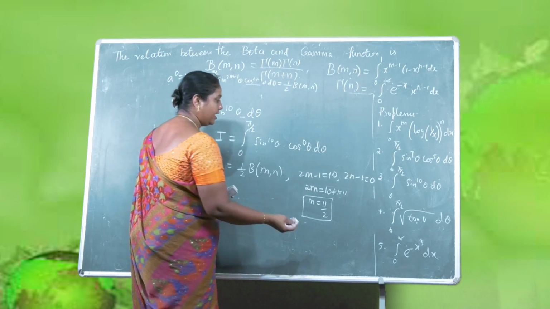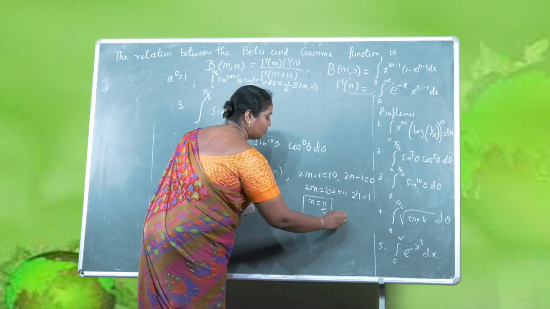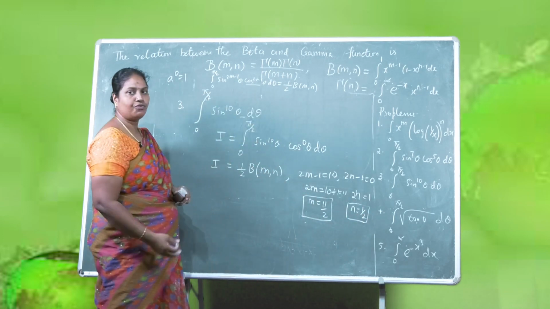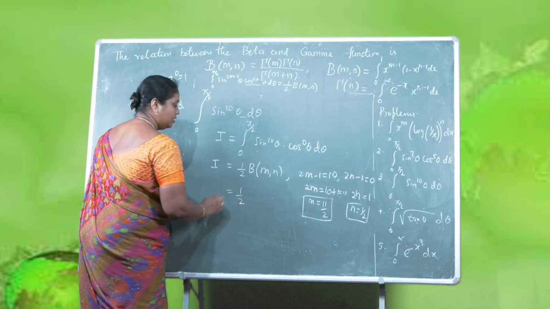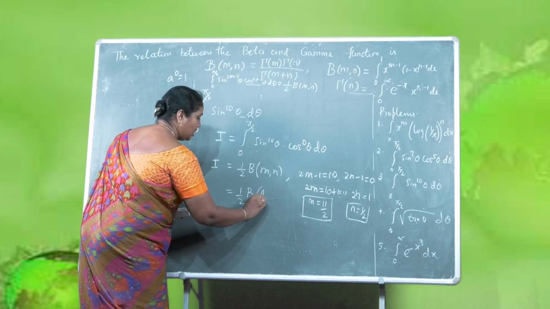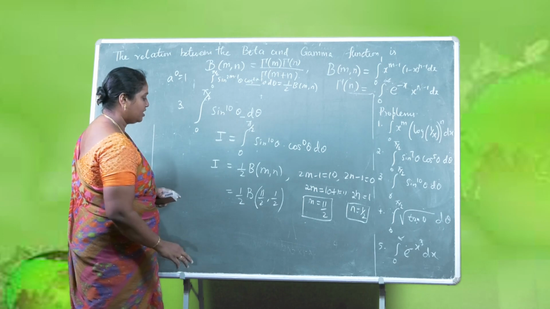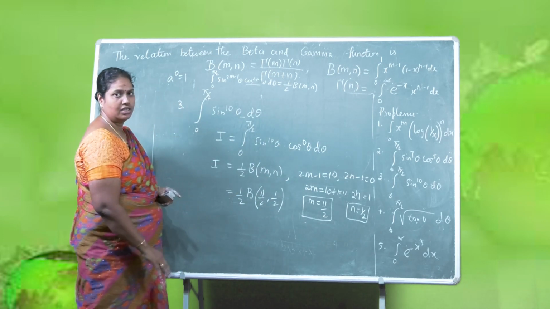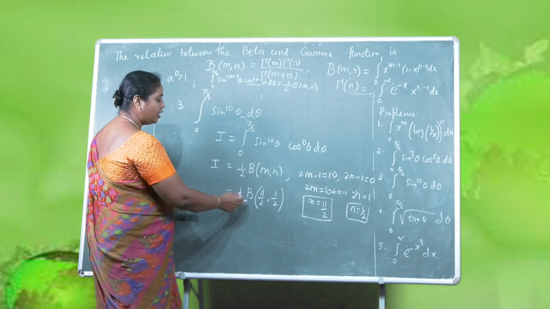And what will be your n? 2n equal to 1, so n will be 1 by 2. So we found m and n. Now substitute here, and this is nothing but 1 by 2 times beta of 11 by 2 comma 1 by 2. Now your problem starts here, because if you have an integer you can directly use the recurrence relation, gamma of n plus 1 equal to n factorial, but we cannot do like that.